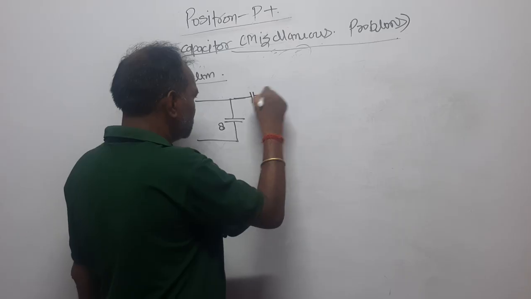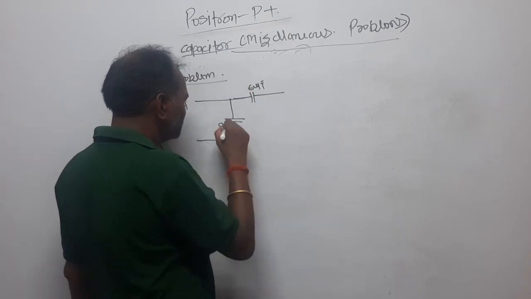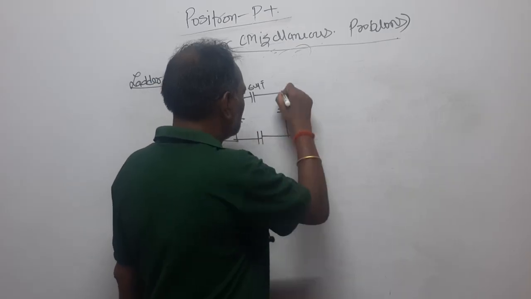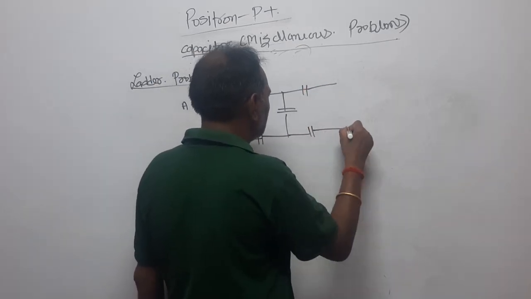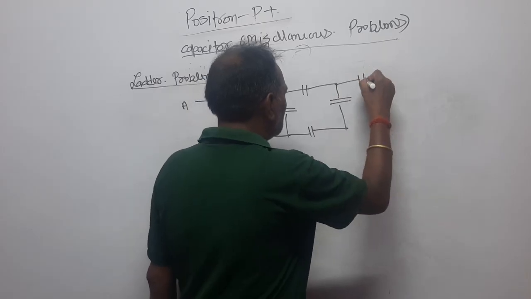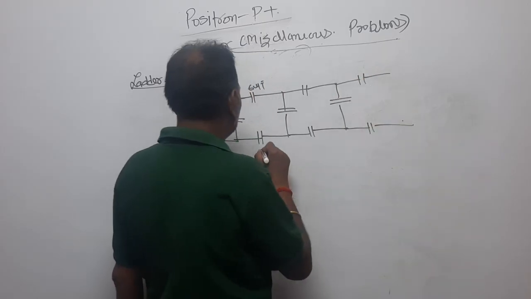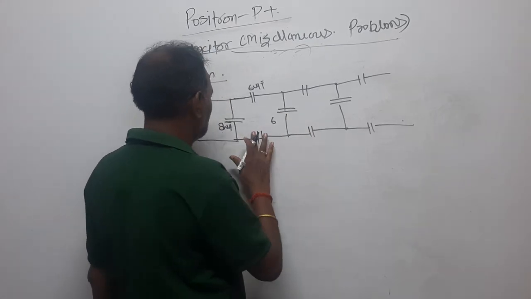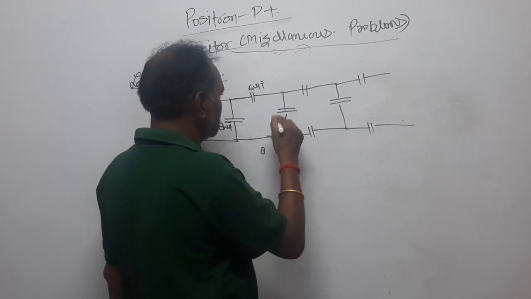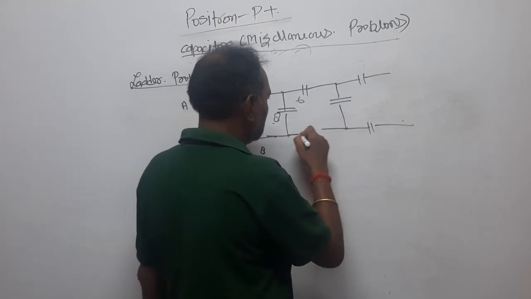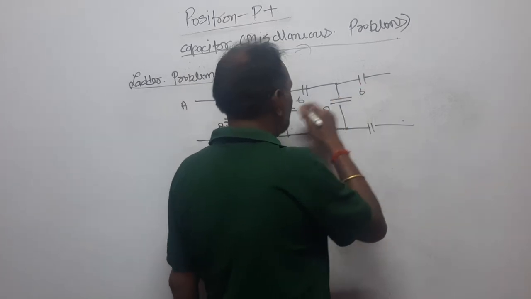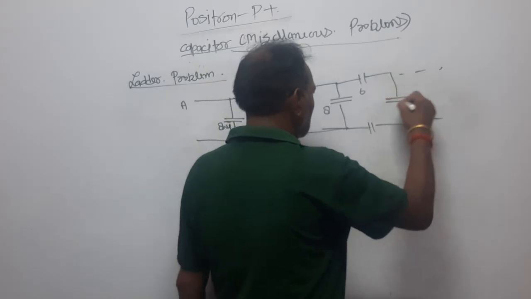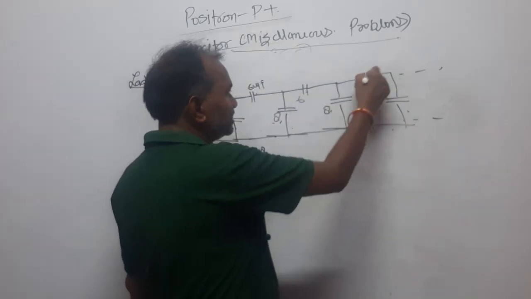This is 8, this is 6. 8, 6, like this. This is the combination, right? 8, 6, 8, 6, 8, 6, 8, 6.